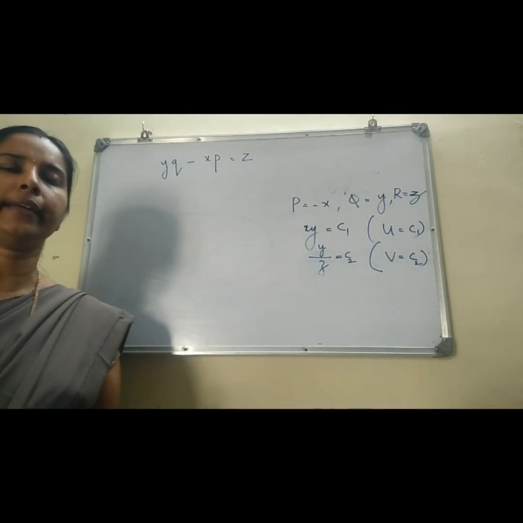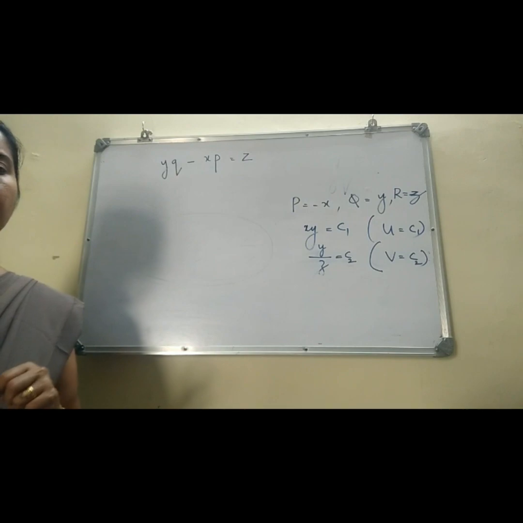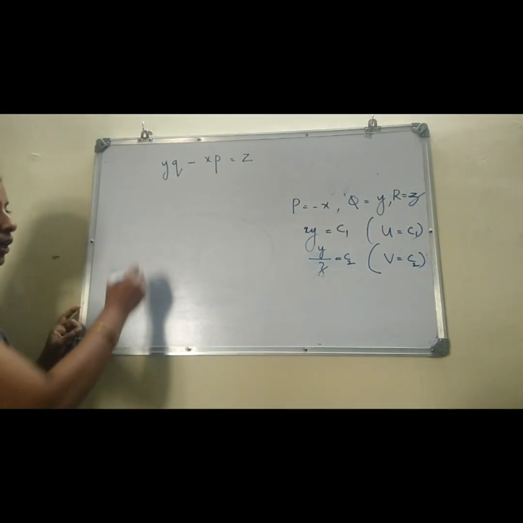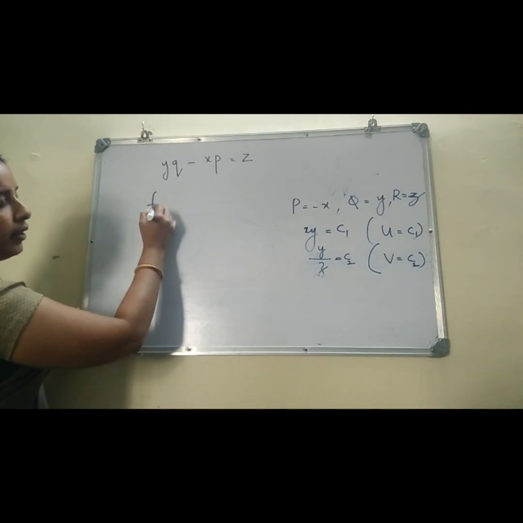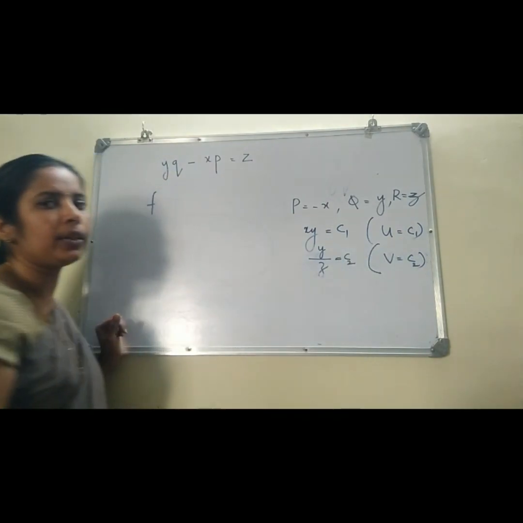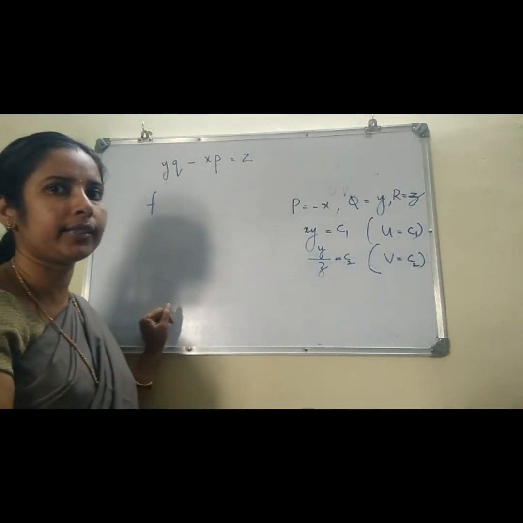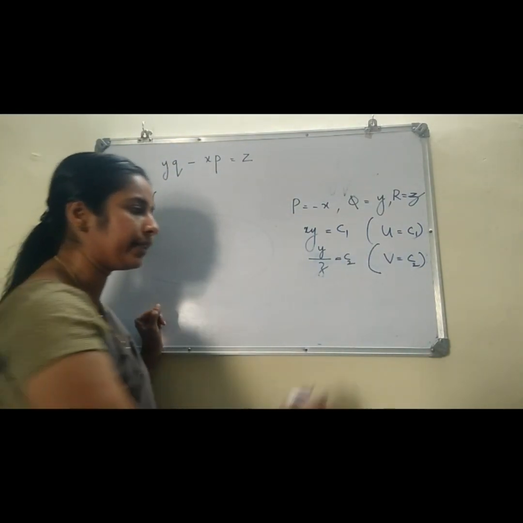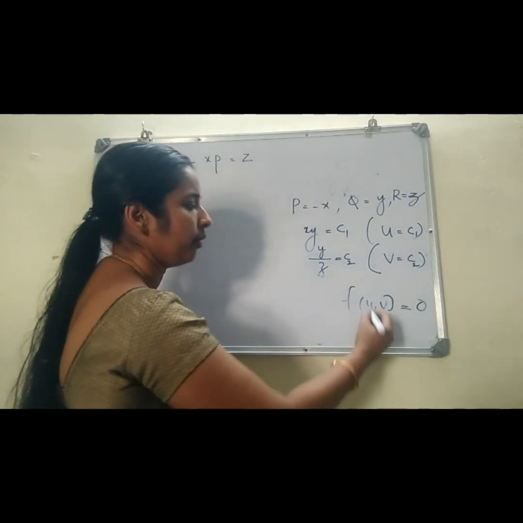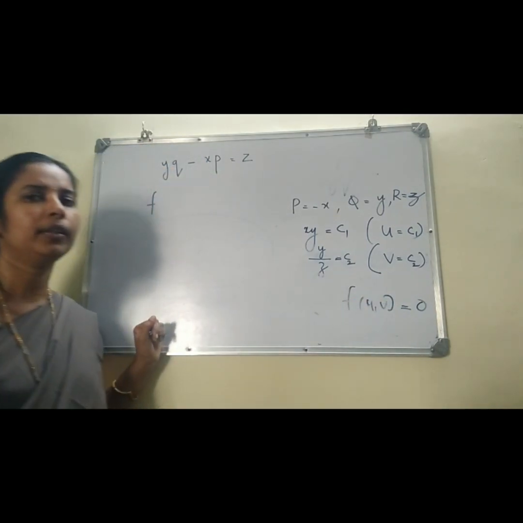Next, see how to write the solution of the given partial differential equation, that's our Lagrange's equation. We know if u equal to c1 and v equal to c2 are the two solutions of the auxiliary equation, then the solution of the Lagrange's equation is f of u, v equal to 0.